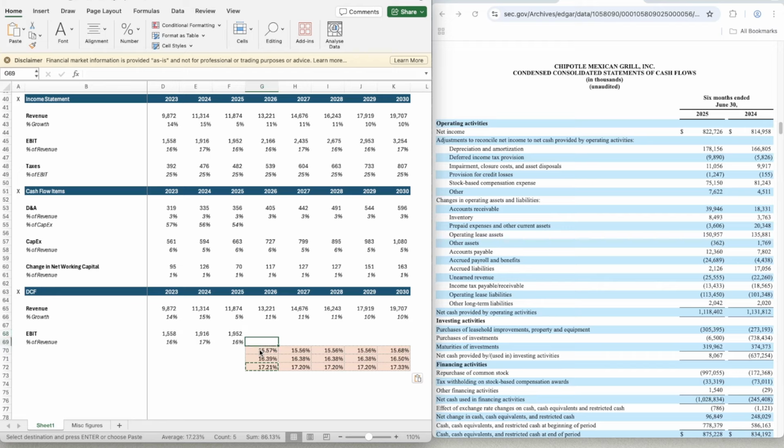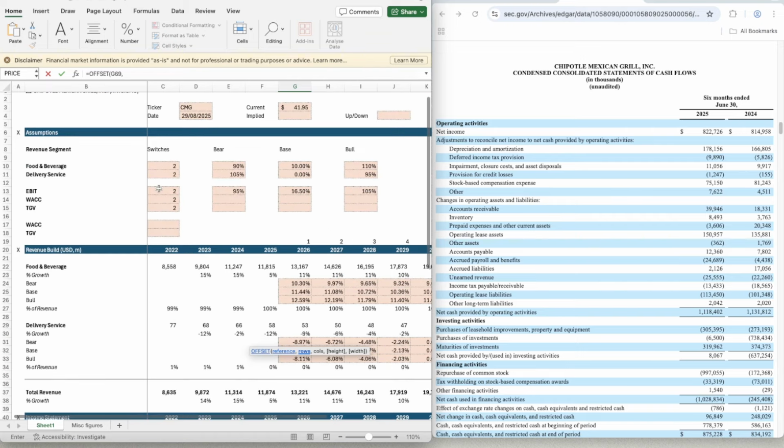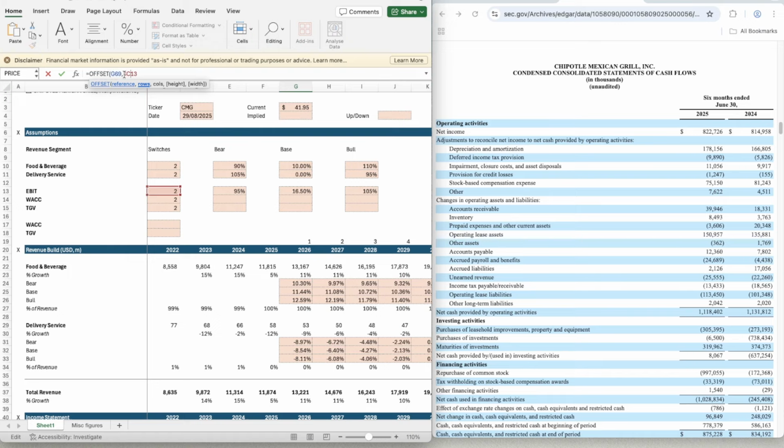Then we go G69. The switch for the EBIT, lock it in, then 0.